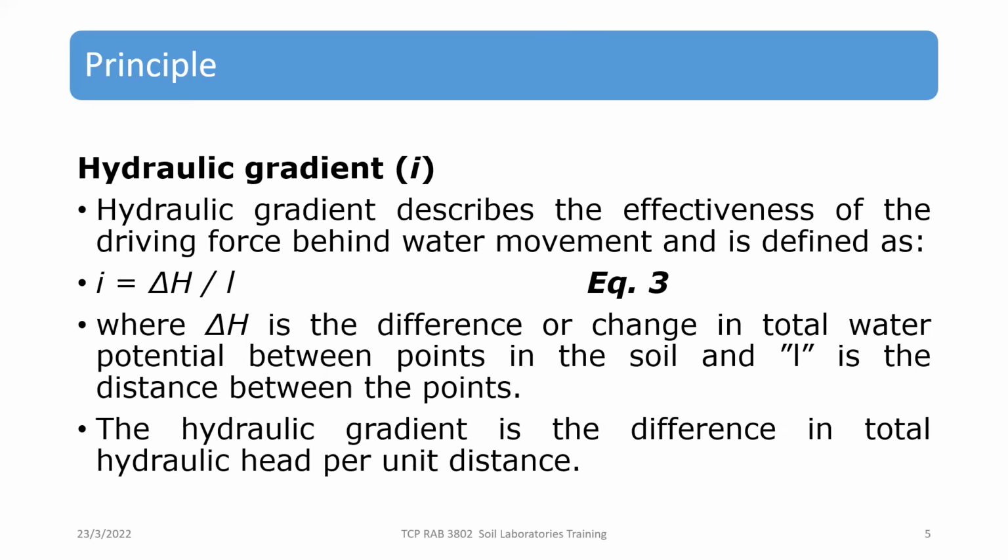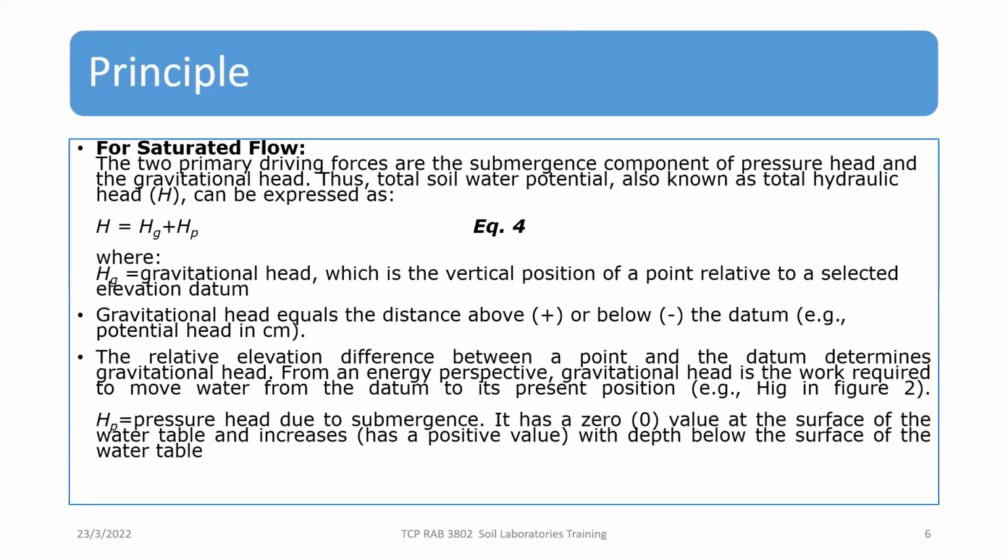The hydraulic gradient is the difference in total hydraulic head per unit distance. For saturated flow, the two primary driving forces are the submergence component of pressure head and the gravitational head. As you know, water is moved downward by the force of gravity, in addition to the pressure head.